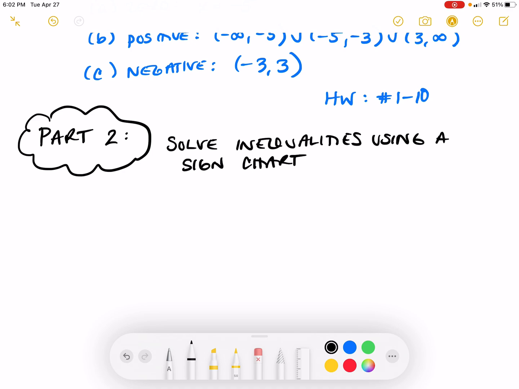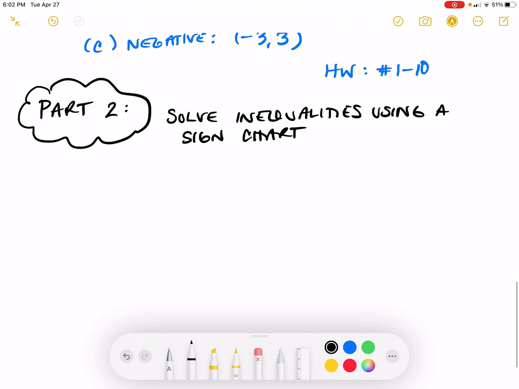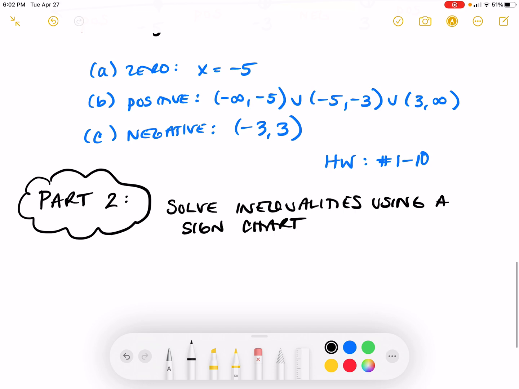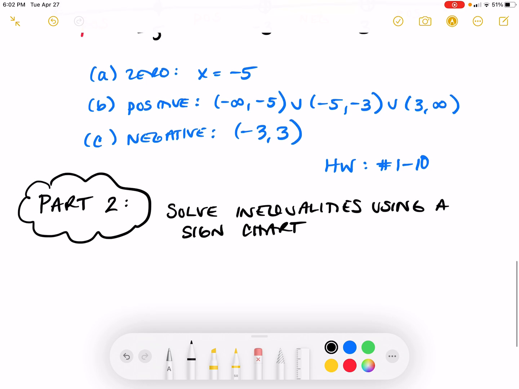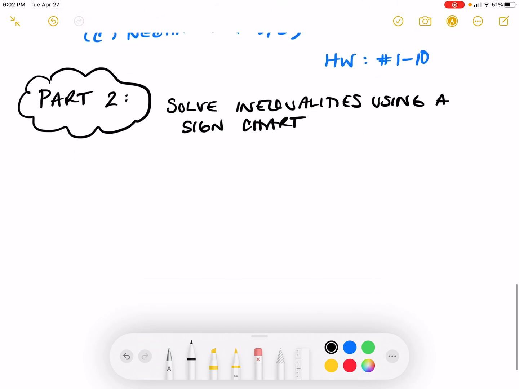So the work is going to be pretty similar to what we were doing in the previous examples, but the answer this time is just going to be the solution and not part A, B, and C, where we give the positive and negative. So I'm just going to do one example for this, example 2, and we are going to solve this rational inequality.